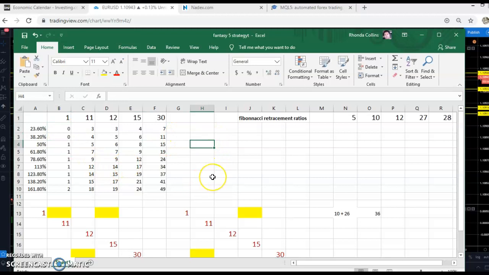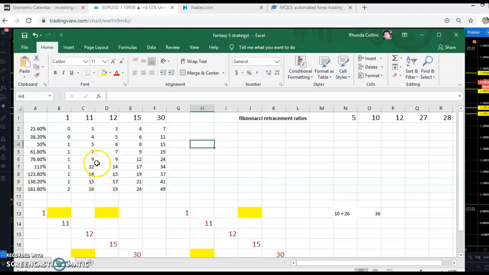Okay, so that's what I wanted to show you today, was how I got these numbers. And again, the winning numbers yesterday were 5, 10, 12, 27, and 28. As you can see, we got the number 5 here. Number 10 is not in here, but you got 12.